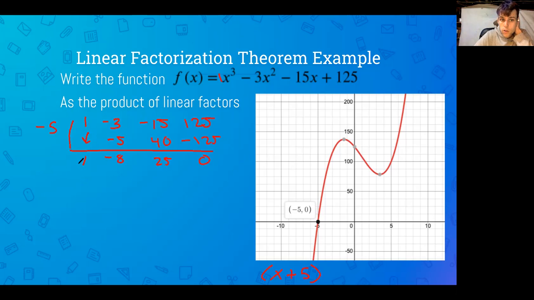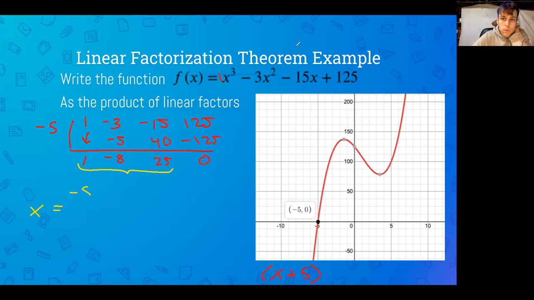This is a quadratic, x squared minus 8x plus 25. That is not going to be factorable. I already know that basically based on there being no real zeros. So I'm going to go straight to the quadratic formula.